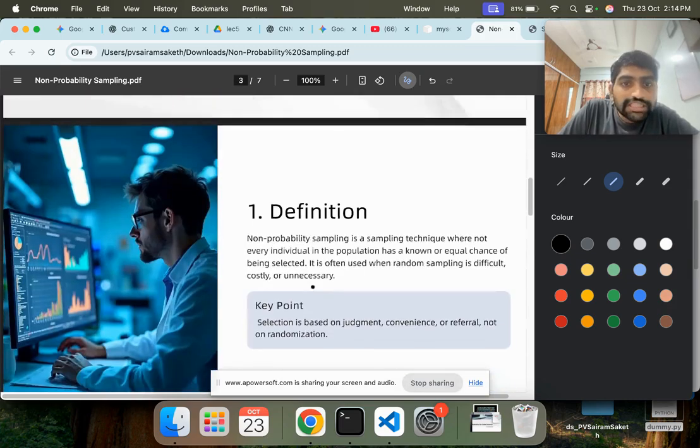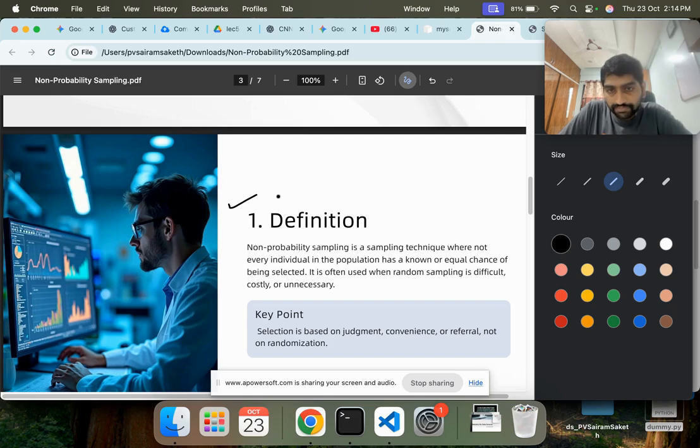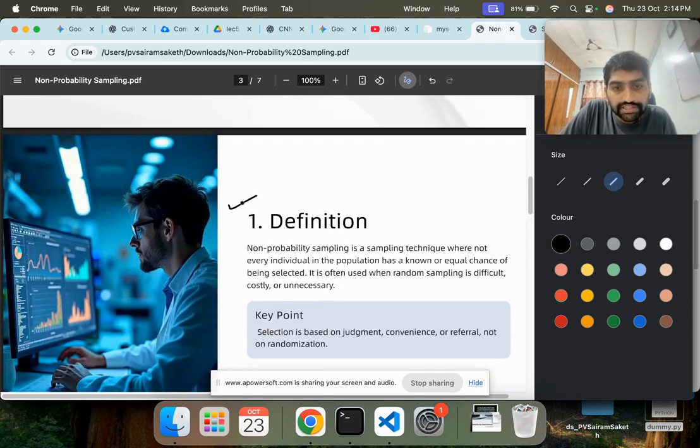Now, what is the definition of this non-probabilistic sampling? Let me take one example. Let's say I am traveling on a road to conduct a survey.